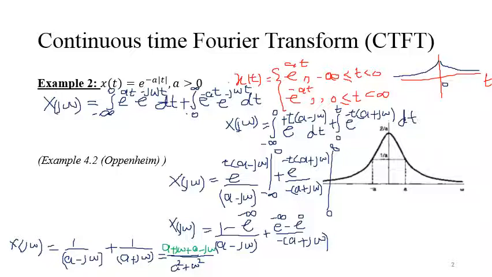You can see these two cancel, minus and plus, so I get x of j omega equal to 2a over a square plus omega square, right?